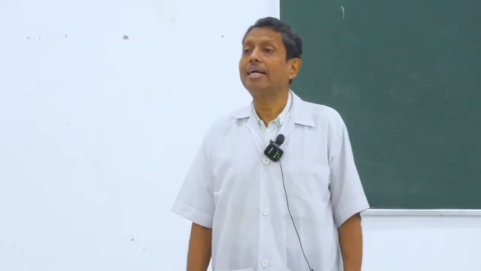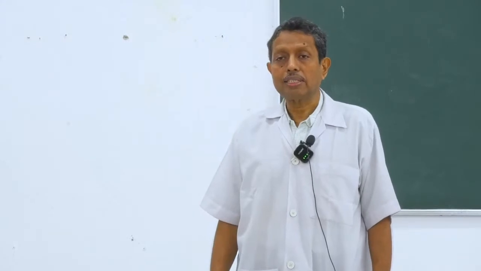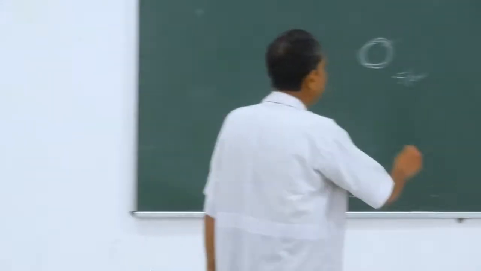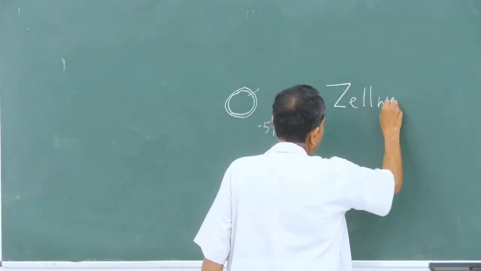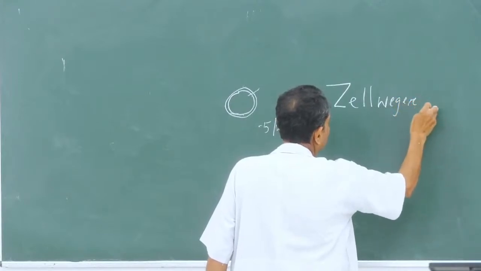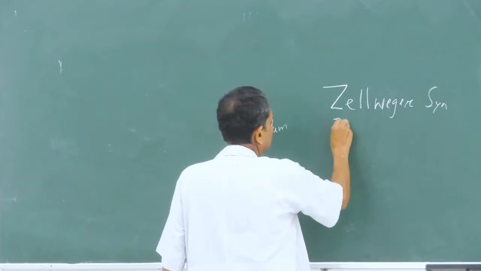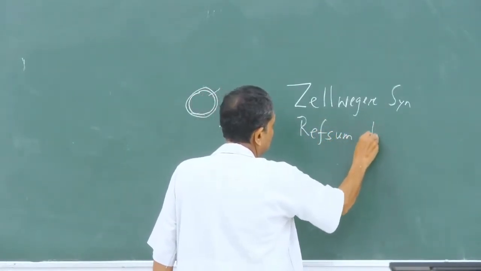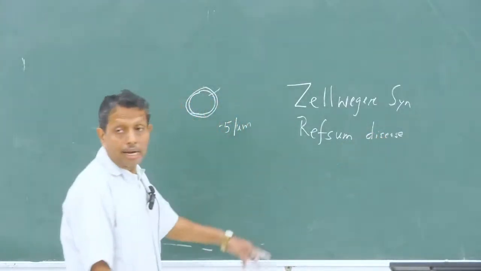Some rare diseases can be linked with the peroxisome: Zellweger syndrome, Refsum disease, and others also.